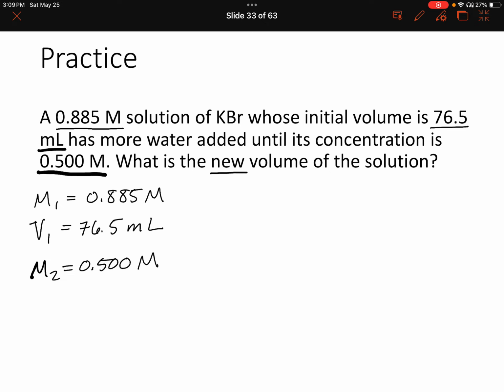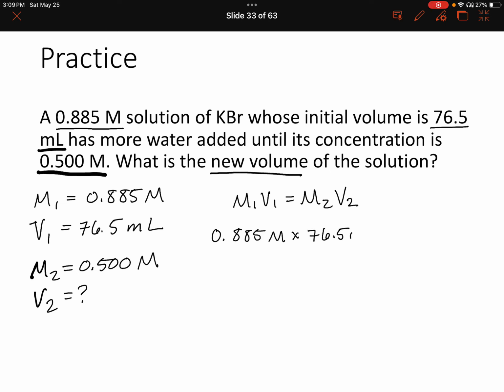And we want to figure out what is the final volume, V2. All right, so let's plug that into our dilution equation. So 0.885 moles per liter times 76.5 milliliters is equal to 0.5 moles per liter times V2.